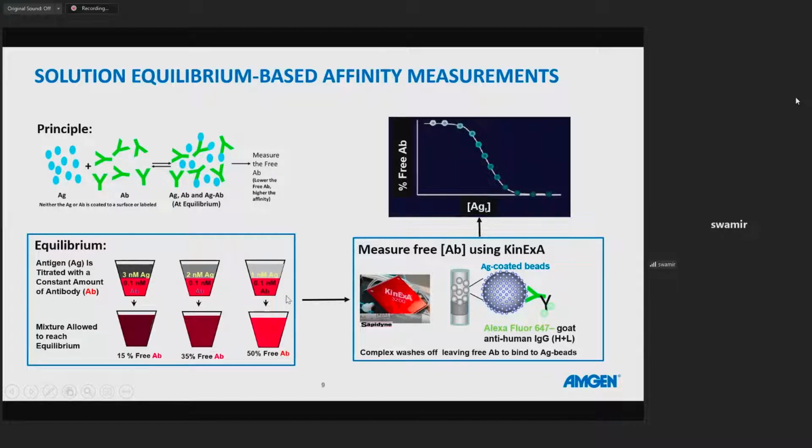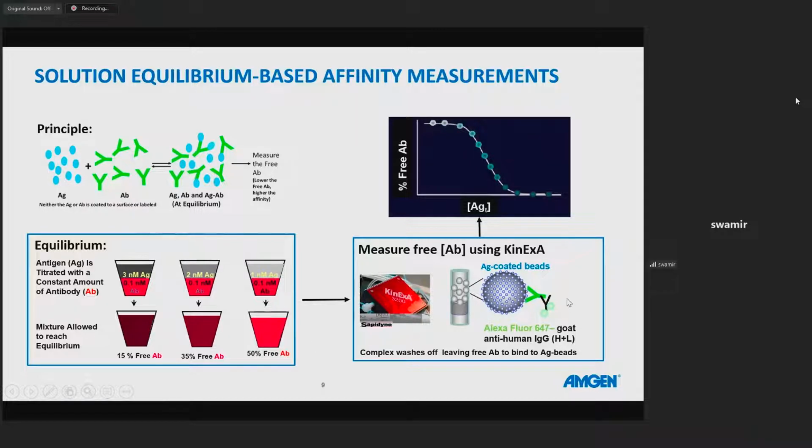The equilibrium solution is passed through a column where we take beads coated with the antigen. So when this mixture goes through this column, only the free antibody would be captured by the antigen coated on the bead, and that captured concentration depends on the amount of free antibody present.